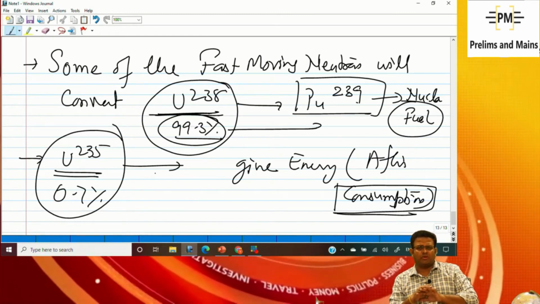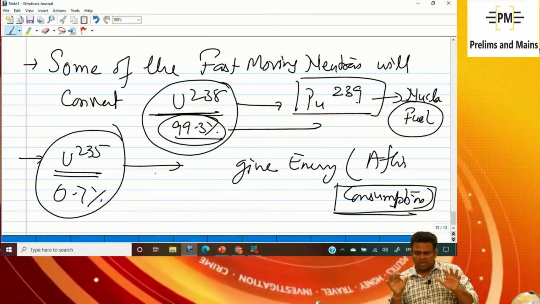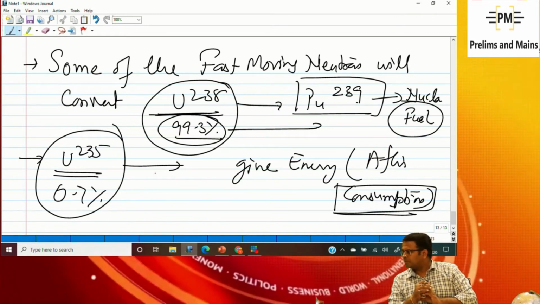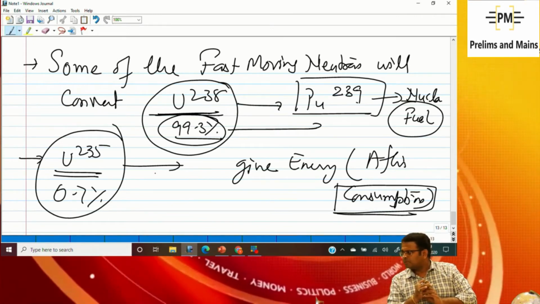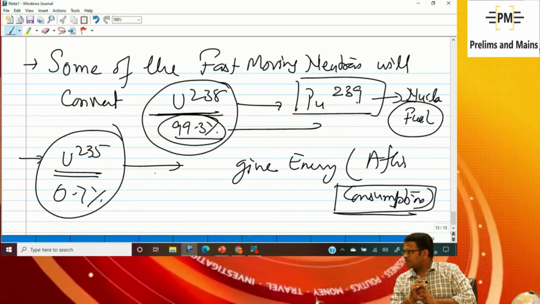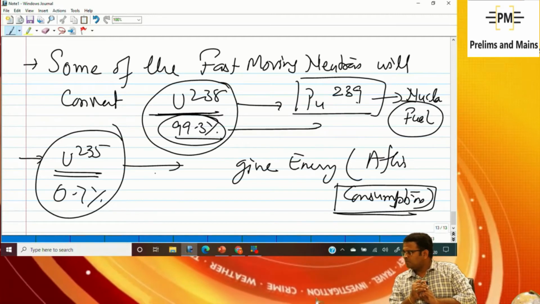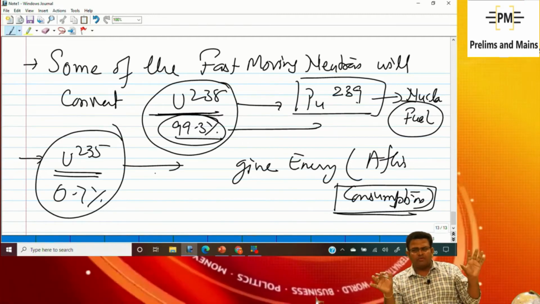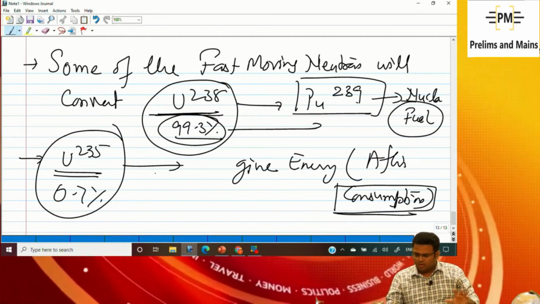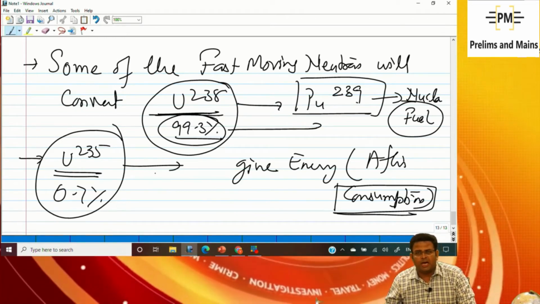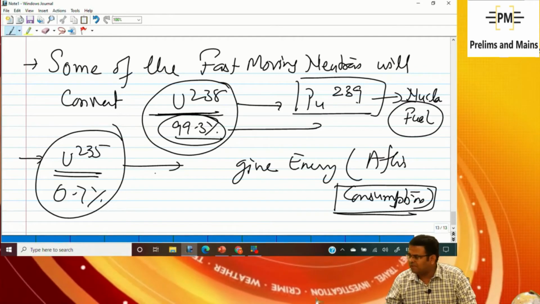I am preparing you for the reactor, so that your concept of the reactor should be very high. Okay, everyone is giving answer. My question is the next one. So uranium-238 is very high and uranium-235 is very less.